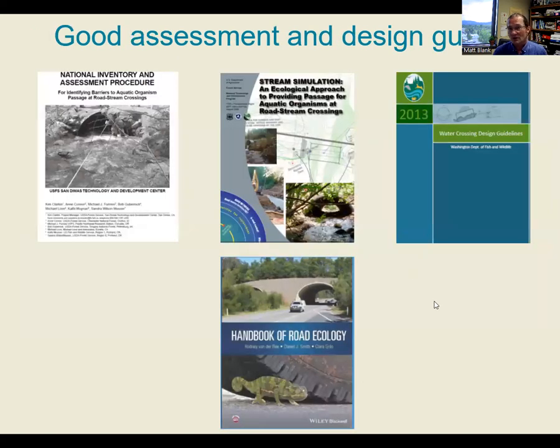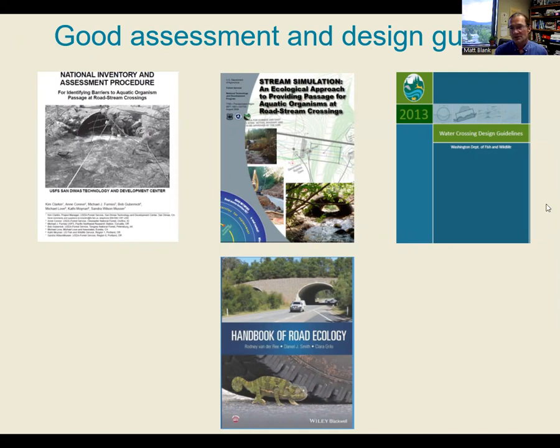Some good resources that are out there already in various versions and free, of course. This is the National Inventory and Assessment Procedure for culverts. That allows you to assess culverts. In the assessment part of this module, I was using information from this particular document.